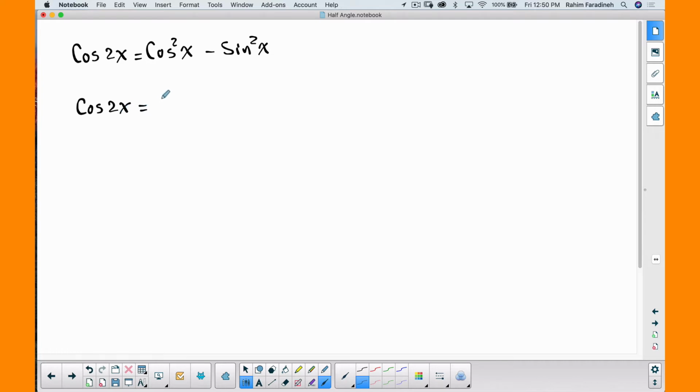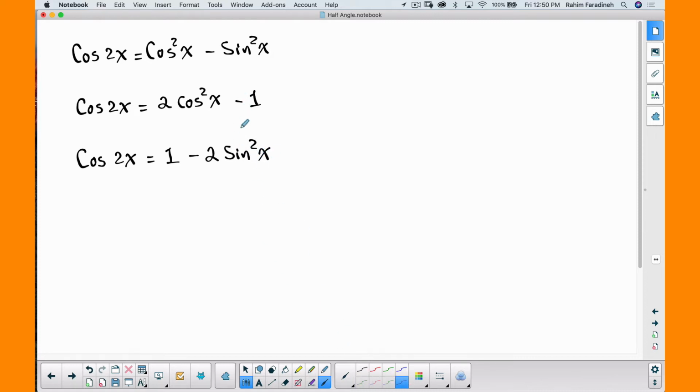One of them was cosine of 2x equals 2 cosine squared x minus 1, and the other one was cosine of 2x equal to 1 minus 2 sine squared x.